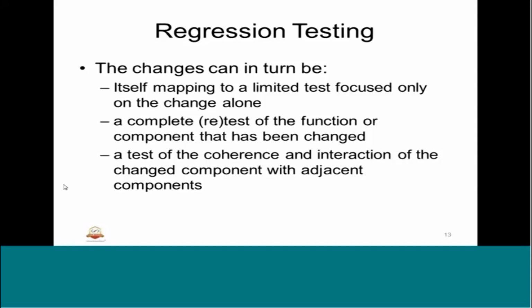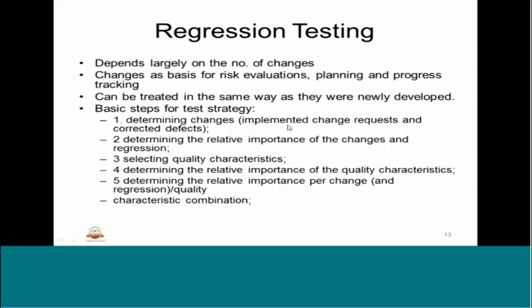Also, the third type is the coherence or the interaction of the changed components with the adjacent components of the surrounding modules where the impact is there. So all these three areas we need to take care of.